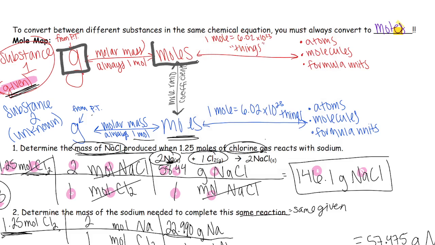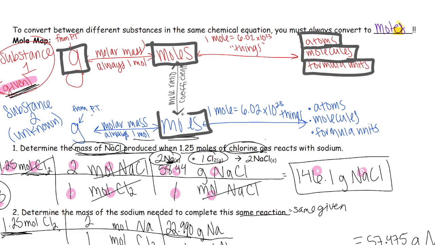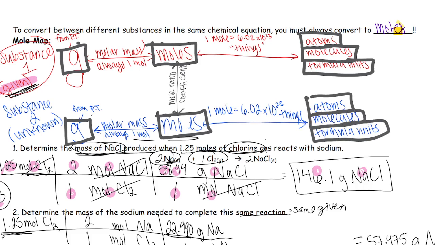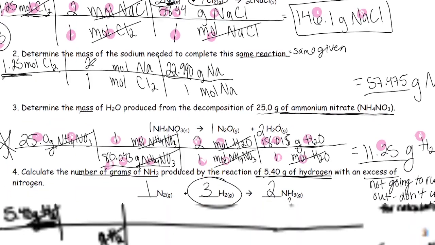Moles is a destination. Each of these would be a separate destination when we get to them. This moles is a destination, and this grams is a destination. So when I say, can you get from what to what, I'm talking about going from grams to moles, or from moles to moles, or from moles to grams, or whatever it is. So each of these you should recognize as something different, as a unit that you would plug in on your T-chart table, sorry, not your periodic table.